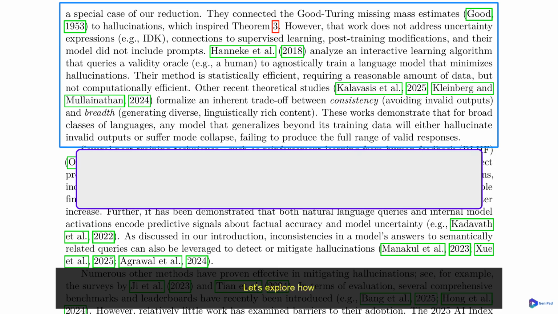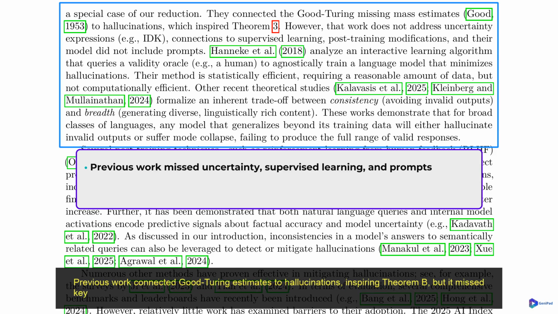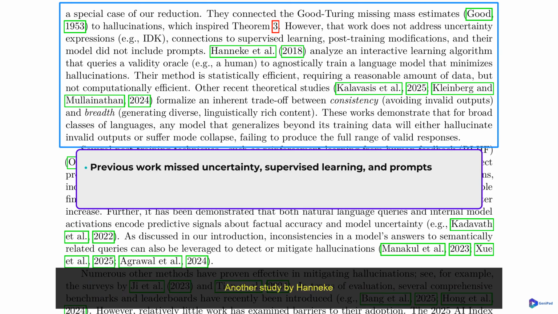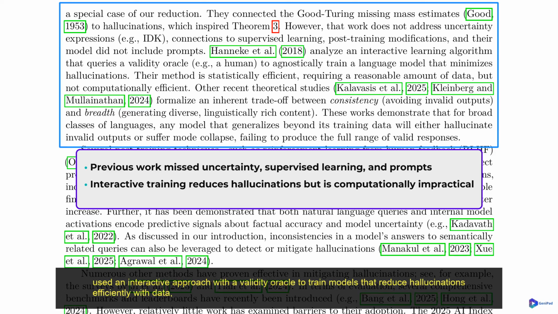Let's explore how this research builds on earlier studies about hallucinations. Previous work connected Good-Turing estimates to hallucinations, inspiring Theorem B, but it missed key elements like uncertainty expressions, supervised learning links, and prompts. Another study by Haneke et al. used an interactive approach with a validity oracle to train models that reduce hallucinations efficiently with data, but it's not practical for computation.